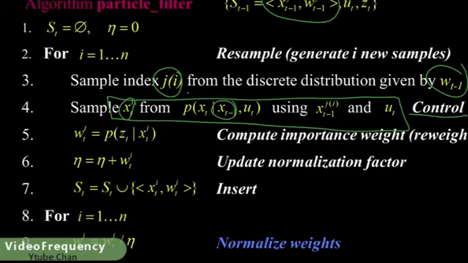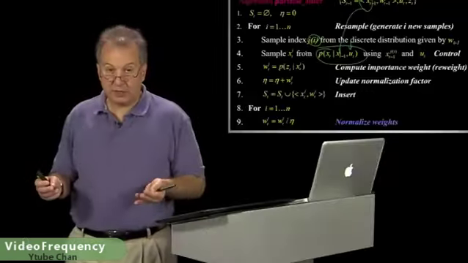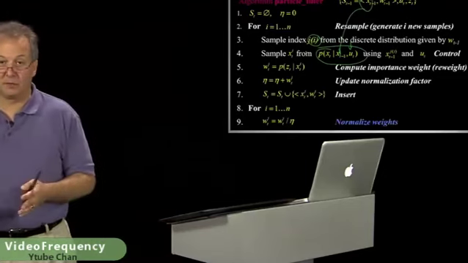We sample a new state using two things. Whatever the old one was, so that's the value we pulled from the particle, that's this x_t here. We've sampled a particle; it has a particular state, and that goes right in there. We also have the action. And then we have to sample from the new distribution. So let's suppose the action is take a step a meter to the right.